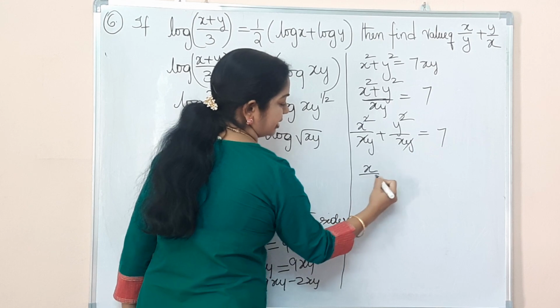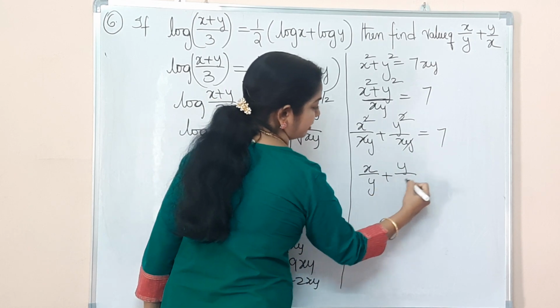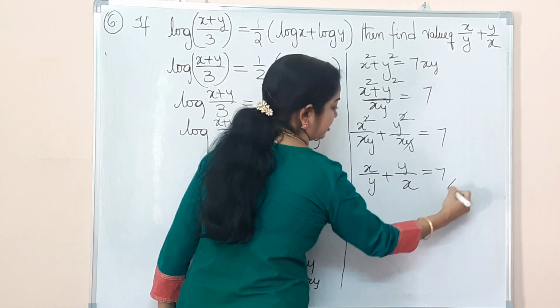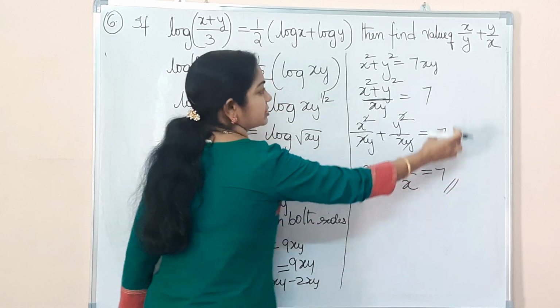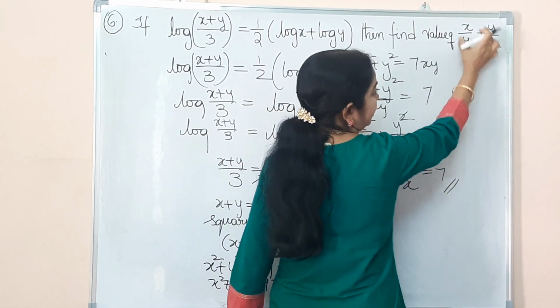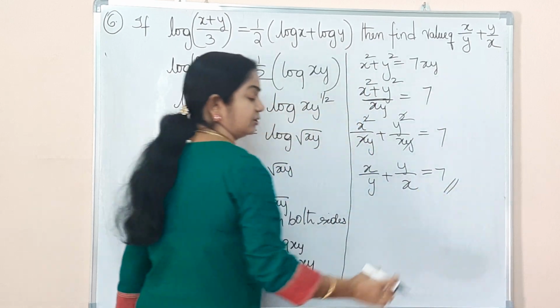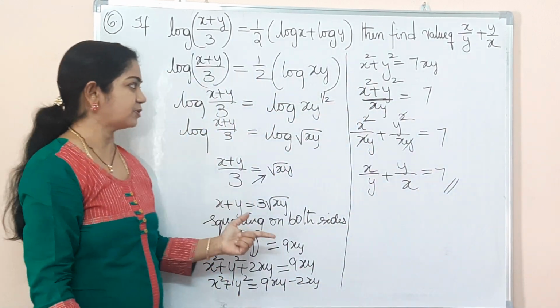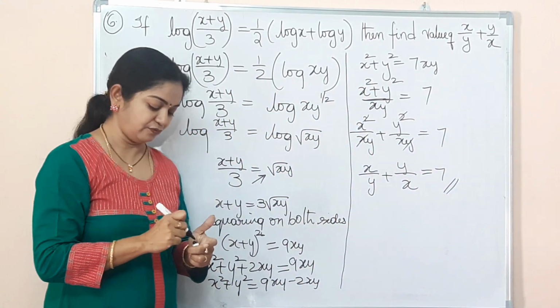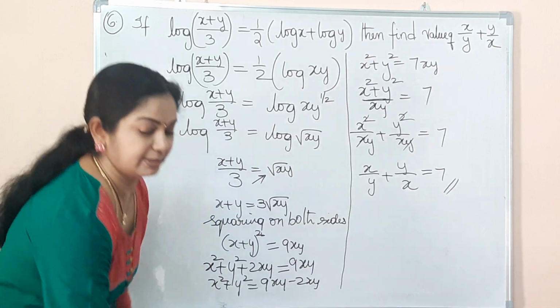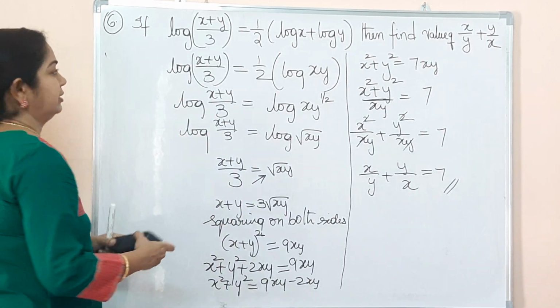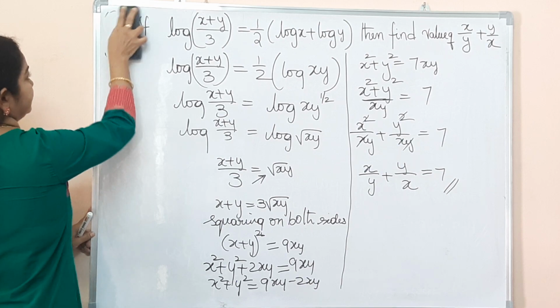The remaining is x by y plus y by x equals 7. So the value of x by y plus y by x is equal to 7. Problems like these will come for 4 marks. Now quickly pause the video and write it down. Now we'll see the next problem.